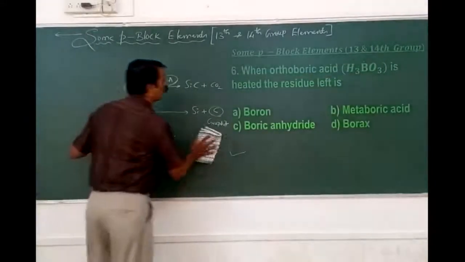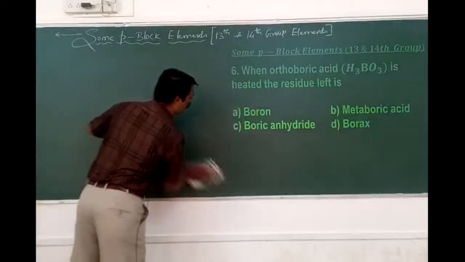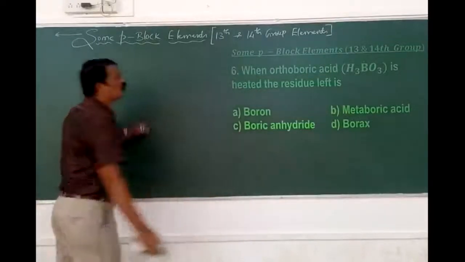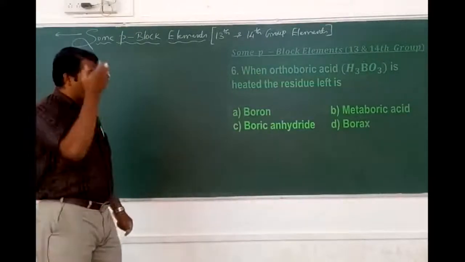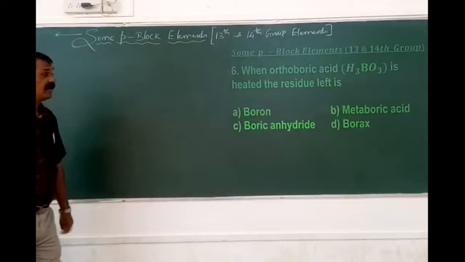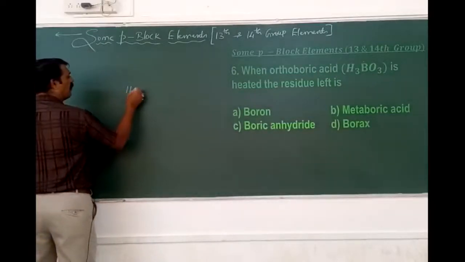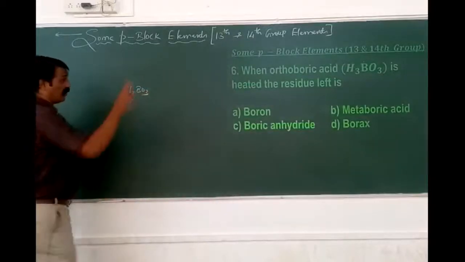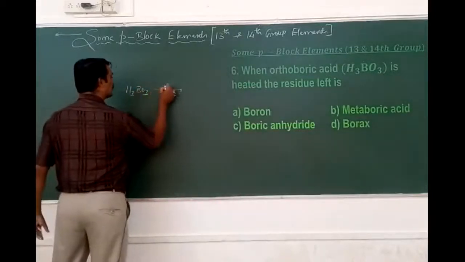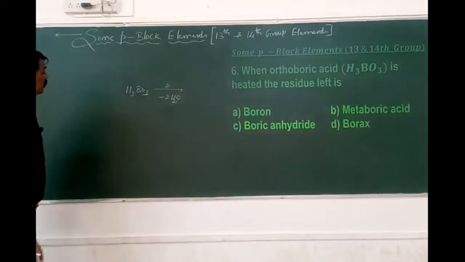When orthoboric acid is heated, what happens here? Is boron formed, or metaboric acid, or boric anhydride, or boron oxide, or borax? H3BO3 is called orthoboric acid. When it is heated it removes a molecule of water.